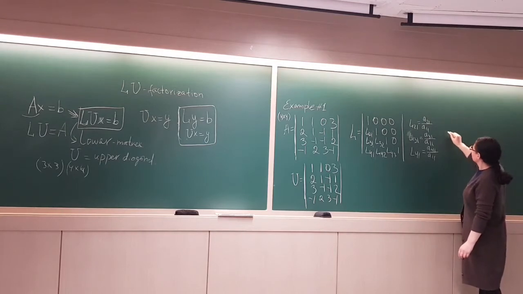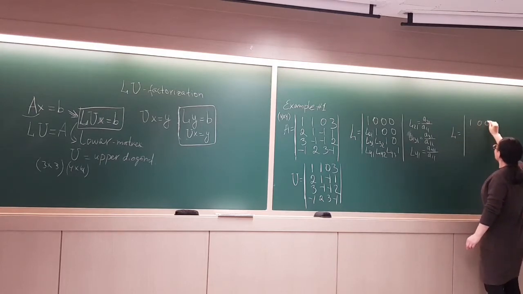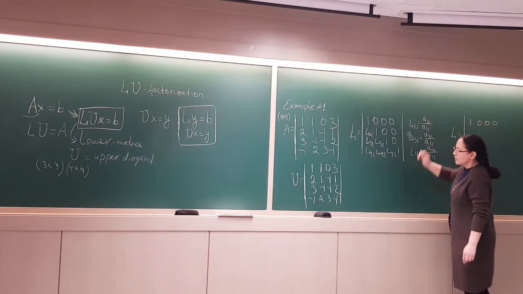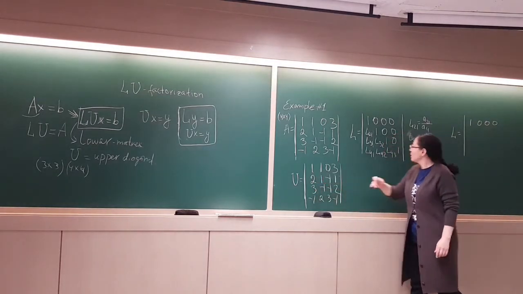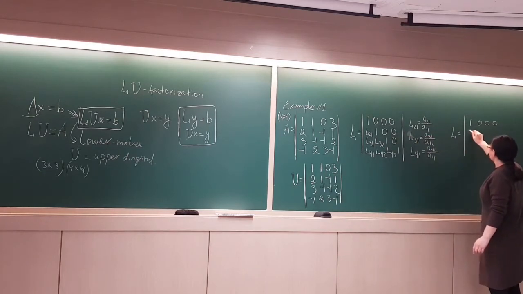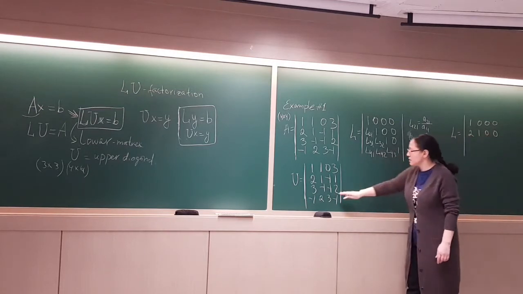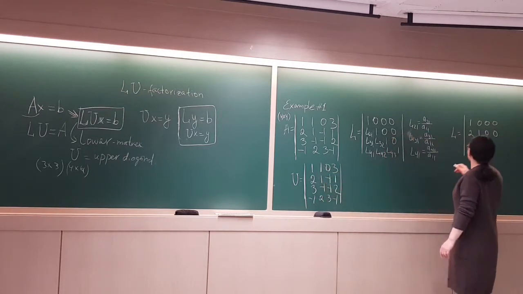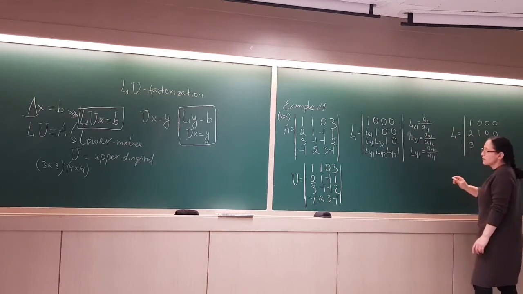I write here: 1, 0, 1, 1. What is A21? A21 is 2, and A11 is 1, so this will be 2. And here A31 is 3, A11 is 1, so it will be 3.